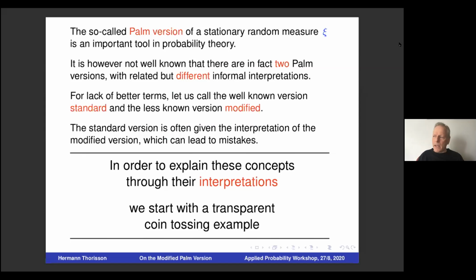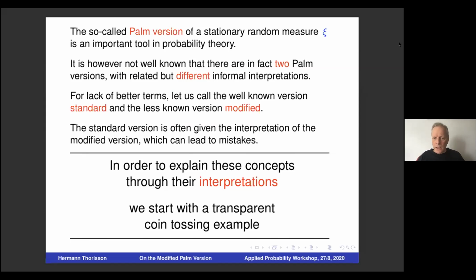He was a mathematician or engineer, and he noticed that if you took averages in real time, you did get something different from what you got when you took averages at the event times, at the time of phone calls. And that's the waiting time paradox, really. But he worked out how to go between those two versions.